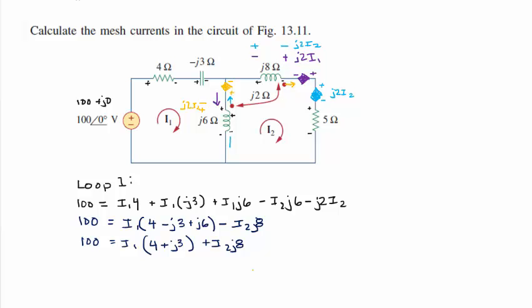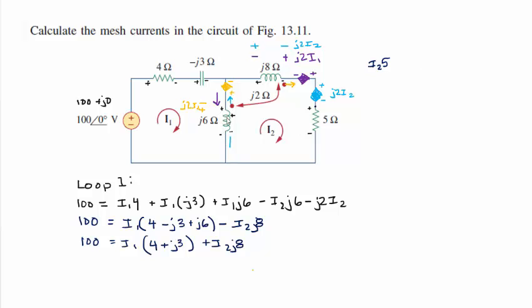Now let's do loop 2. So for loop 2, I'm going to do the same thing. I'm just going to go around the loop, and I'm going to make sure I include these dependent sources. And when I hit this inductor in the middle, it's I2 times J6 minus the other direction, I1 times J6. So I'll start right here, going around the loop. So that's I2 times 5 ohms.